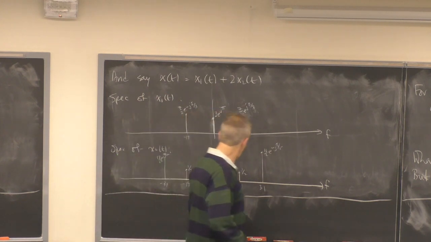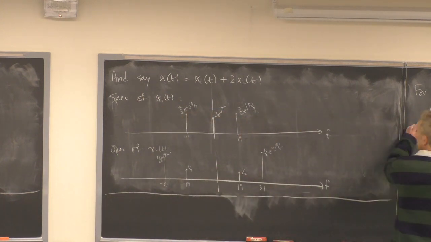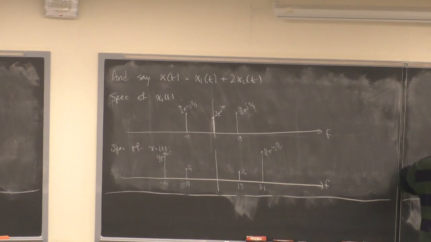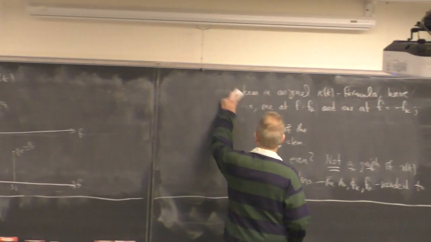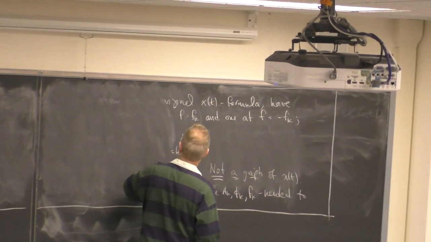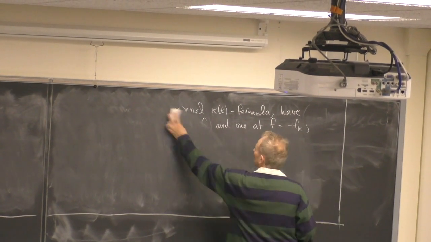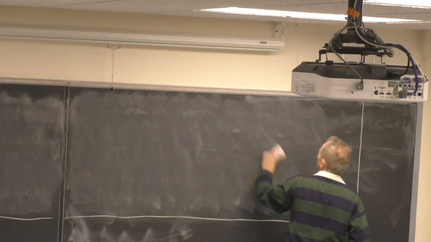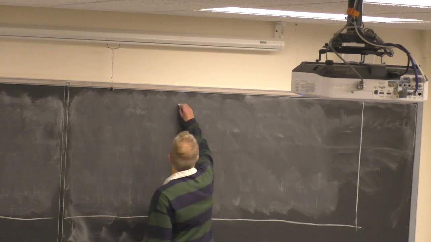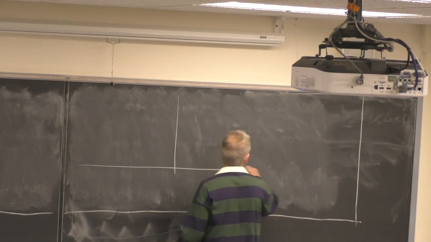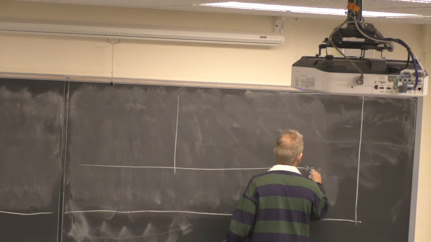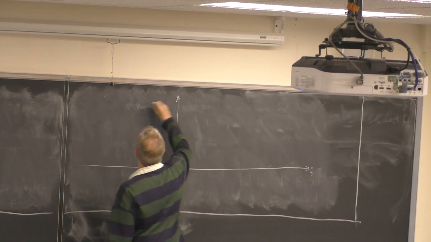And finally, x of t being x1 plus 2 x2, you can just take those two spectra and add them together as follows. So this is the spec of x.